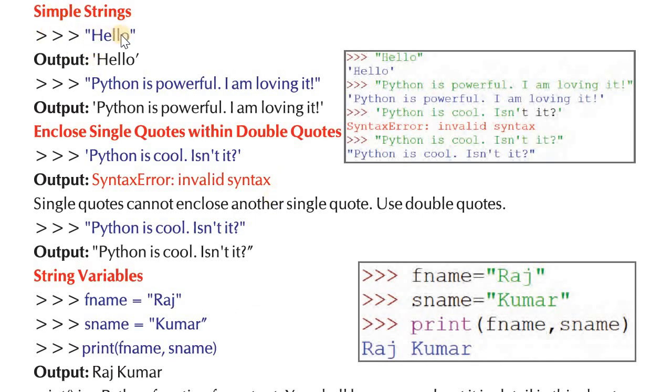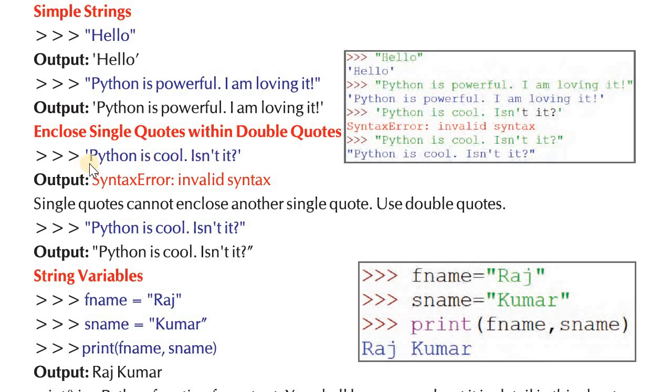Let us look at some more examples. If I write "hello blue", the output will be within single quotes. So the input was within double quotes, but the output is within single quotes. Next, if I write "Python is powerful, I am loving it", again the output will be this. No problem. Now, enclosing single quotes within double quotes is important.